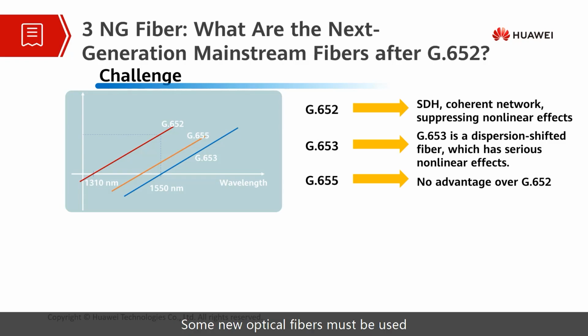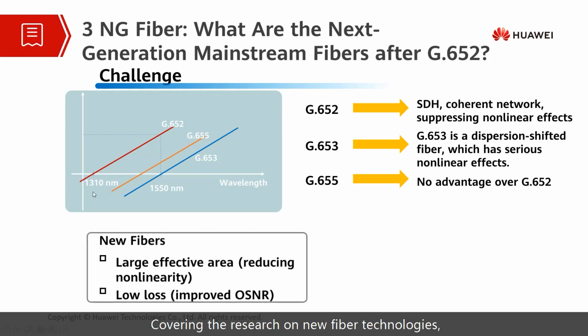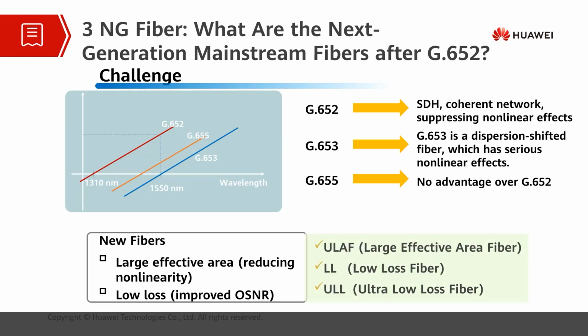Some new optical fibers must be used to effectively improve the optical signal-to-noise ratio and extend the transmission distance. Currently, the research on new fiber technologies mainly focuses on three types: the large effective area fiber (LAF), low loss fiber (LL), and ultra low loss fiber (ULL).